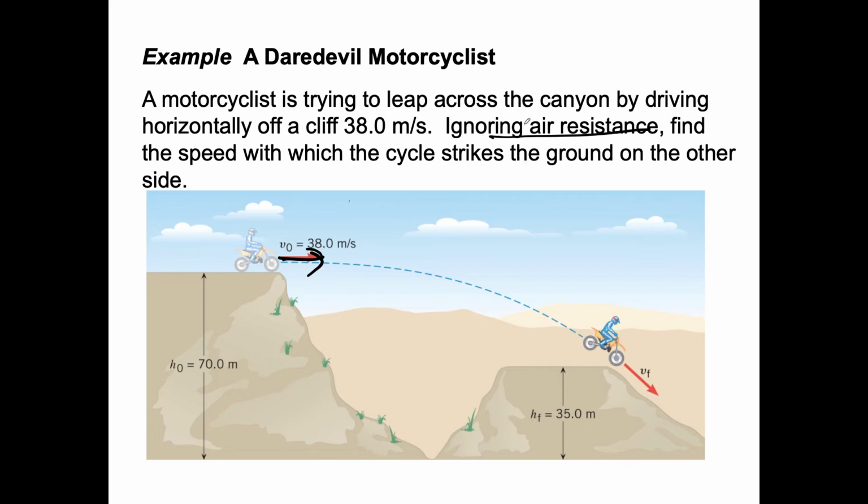What are the forces acting on the cyclist when it's in the air? Gravity, right? And gravity is a conservative force. So the only force doing work on the cyclist is gravity, a conservative force. So mechanical energy conservation checked.